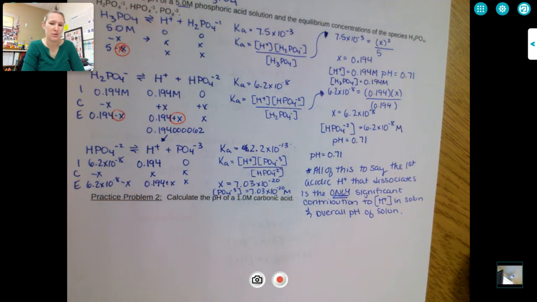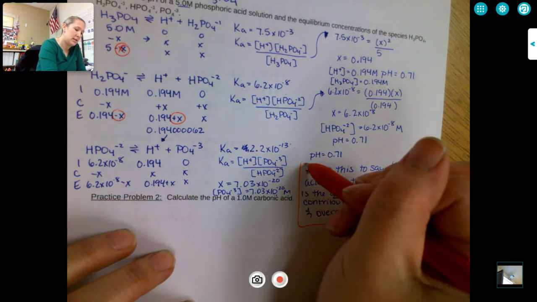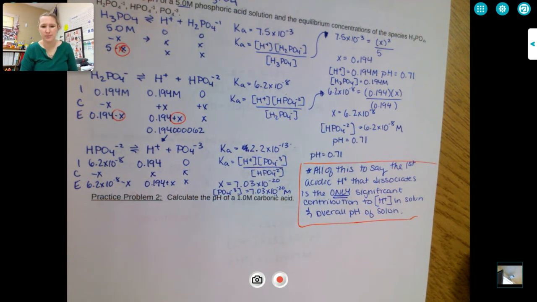SOLUN is a shorthand version for solution. So all of this to prove and say we really only have to do the first one.